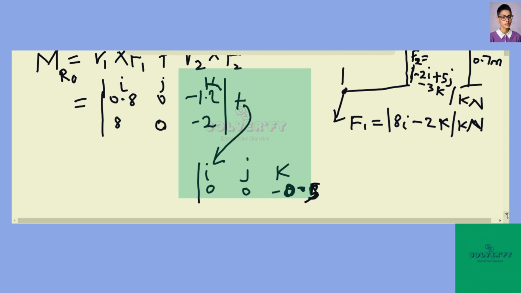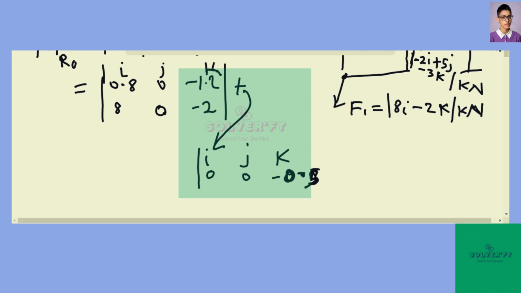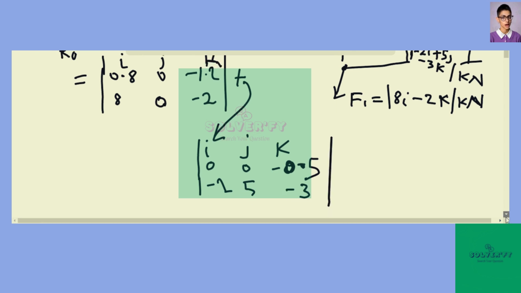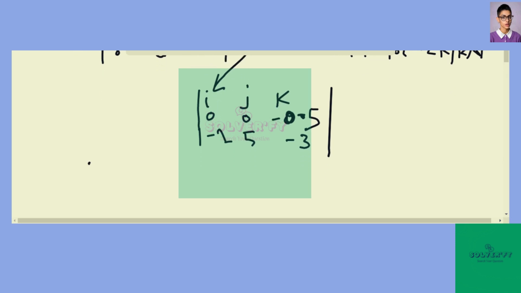Sorry, this is 0.5. Then we know the force. The force is minus 2 in the i direction, 5 and minus 3. So if we solve it, we'll add this and this together. We are going to have our moment we are talking about.